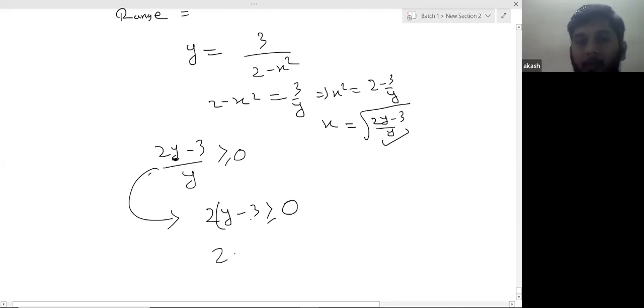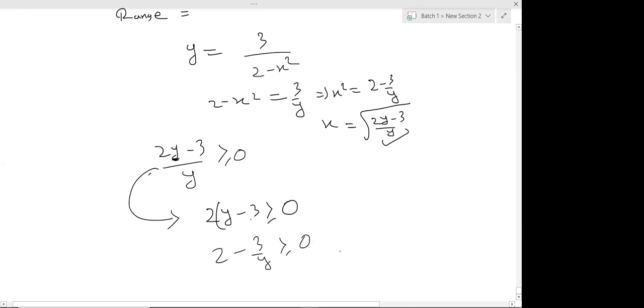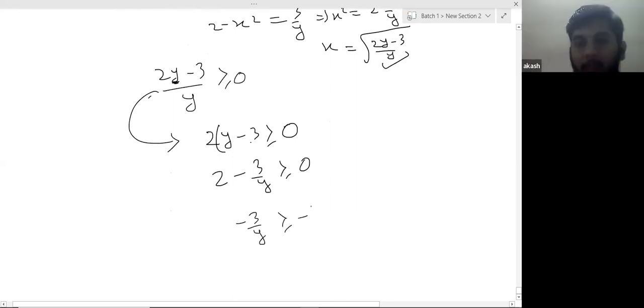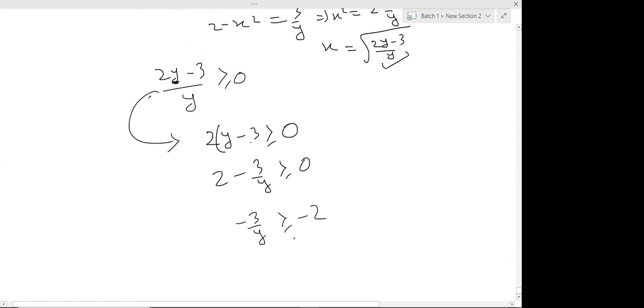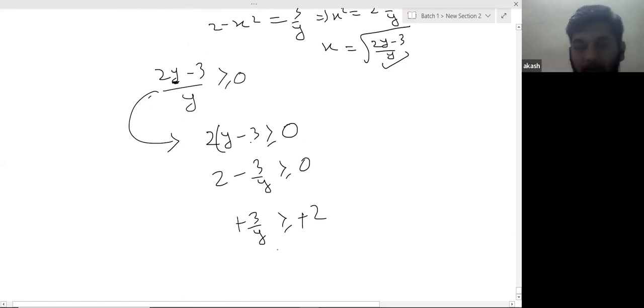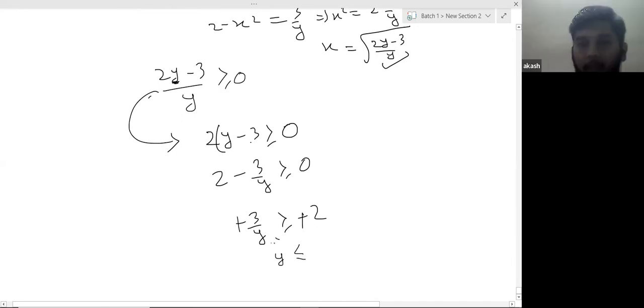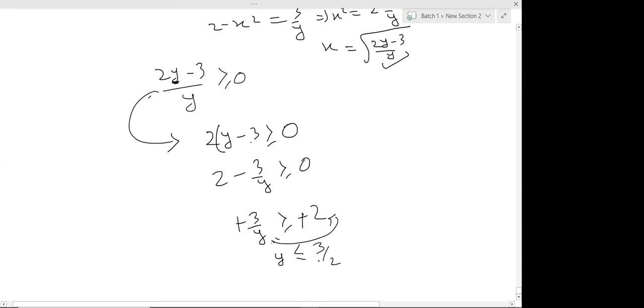Okay, so you want to write it like this. After that, take 2 to the other side, so minus 3 upon y is greater than or equal to minus 2. Cancel the minus. So y is greater than or equal to 3 by 2. y is less than, right? Less than or equal to 3 by 2.